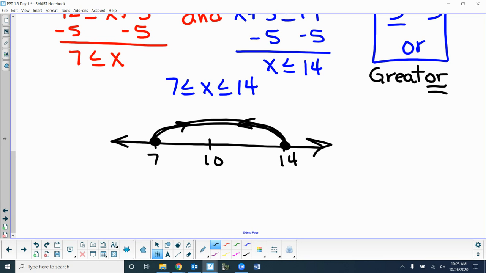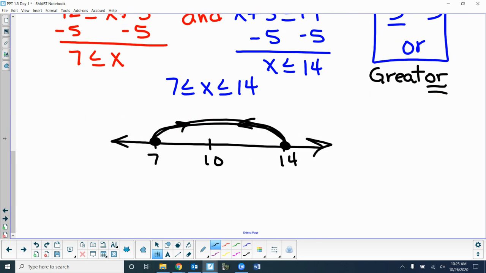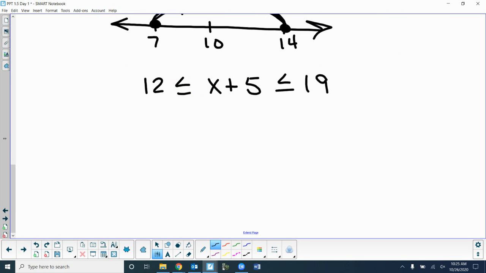Okay, some people will do this: 12, X plus 5, 19. You can do this if you want, if you don't confuse yourself. To get X alone, you've got to subtract 5. Well, when it's in the middle, you've got to do it to the right end and the left end.